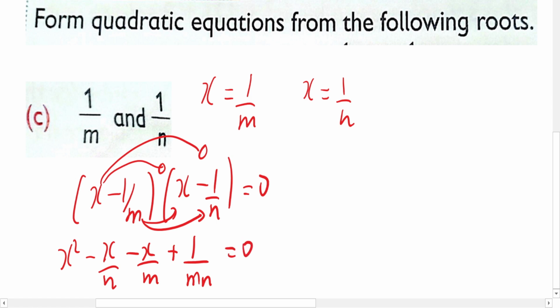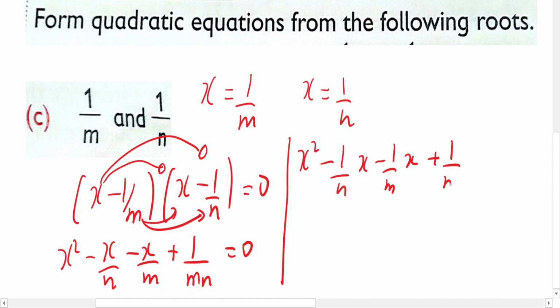So you might think it's somehow very hard, but it's not hard. So if you look at it carefully, it's going to be x squared. This one is written -1/n x. Also, this one is written minus 1 over m x, and then this is written as plus 1 over mn, which is equal to 0.